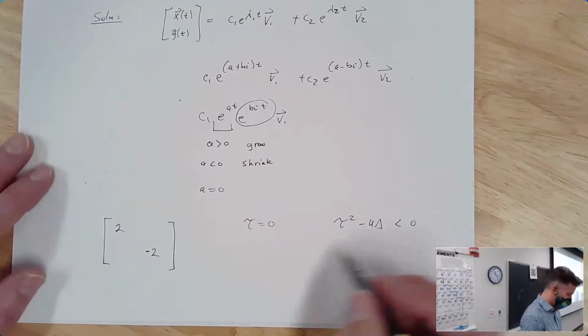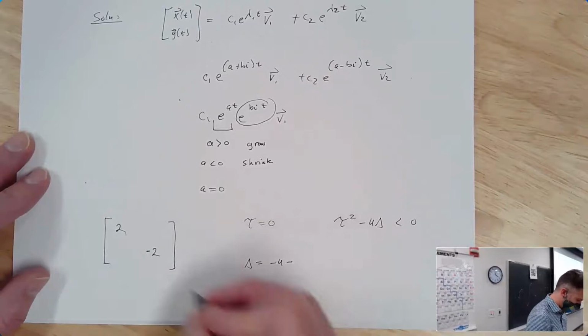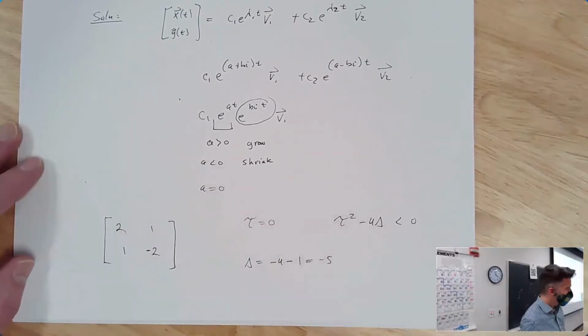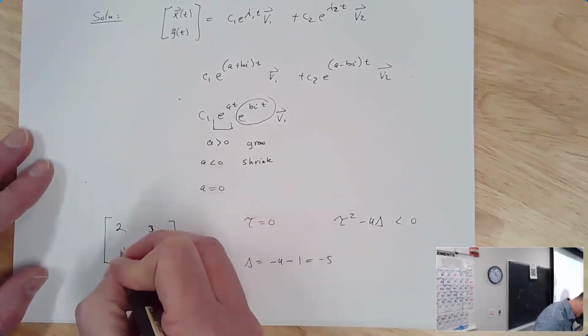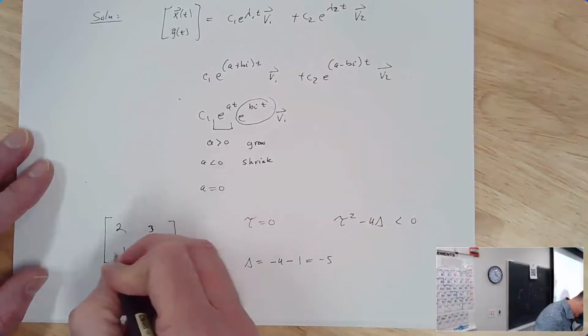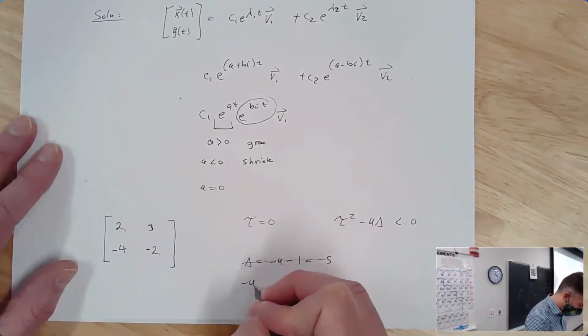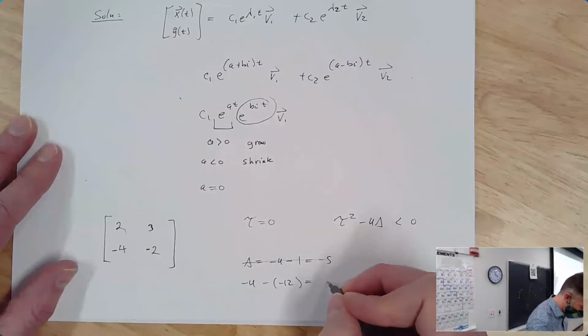So I want, let's see, my determinant is going to be -4 minus, let's make it easy. I want it to be positive though, not negative. Cool. So now my determinant is -4 minus -12, which is going to be positive.